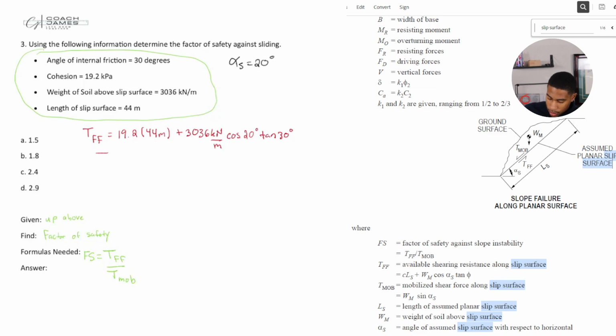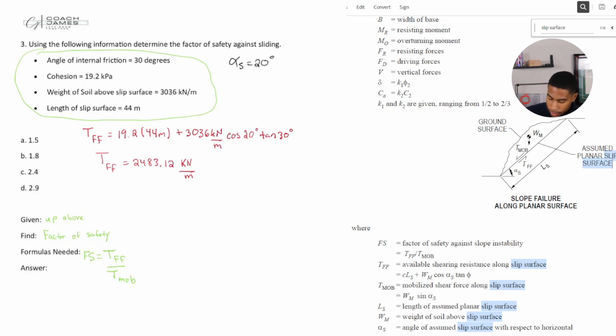All right, and so when I solve for TFF, I get that to equal 2483.12 kilonewtons per meter.